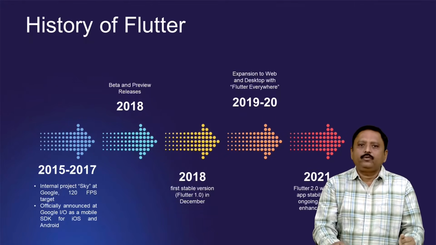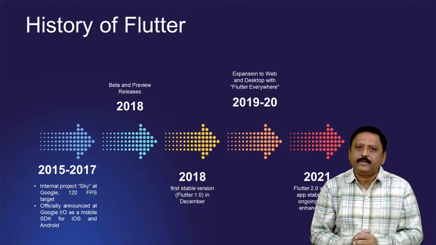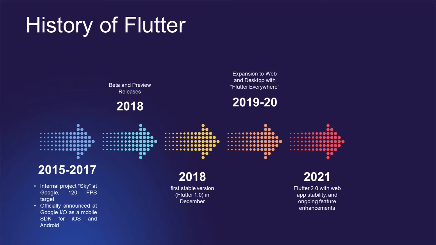From 2021 to present, Flutter 2.0 and other versions have been released. On March 3, 2021, Google released Flutter 2.0, a significant update that includes stable support for web applications and an improved experience for desktop applications.